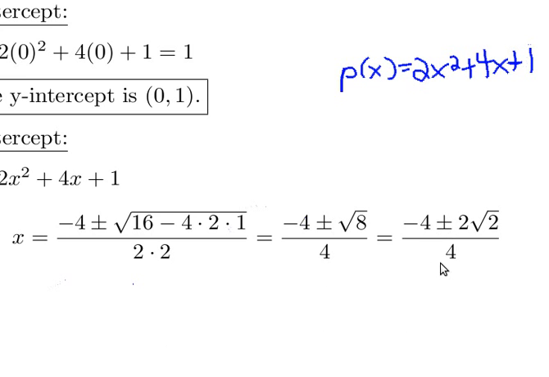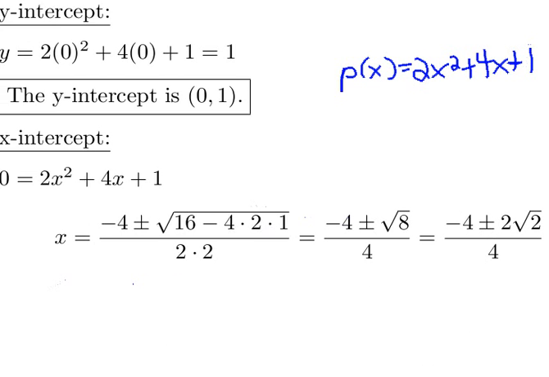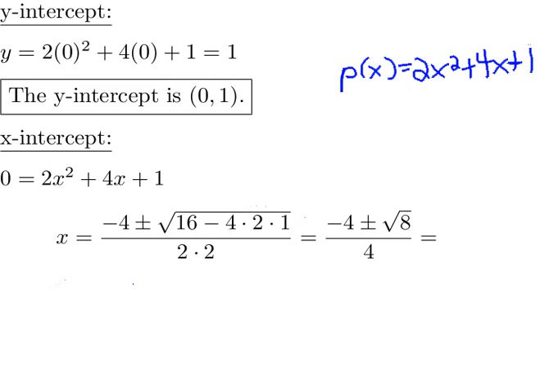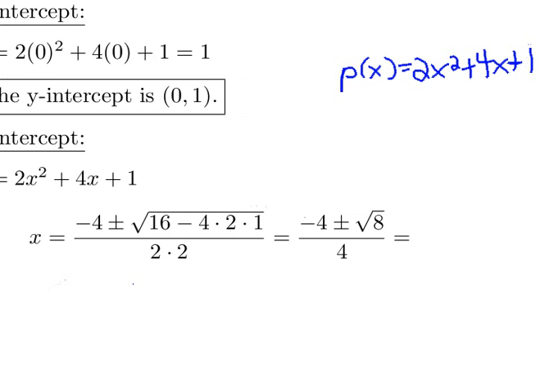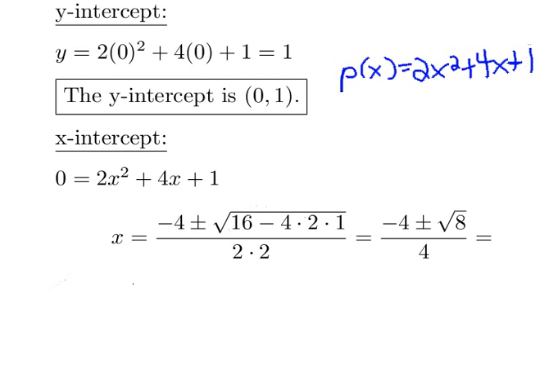Okay, so our x-intercept is going to be, let's go ahead and put that on a new line. I wonder if I can just do that without, apparently not. Okay, so let's do this. There we go.